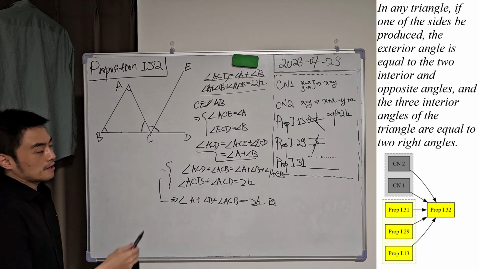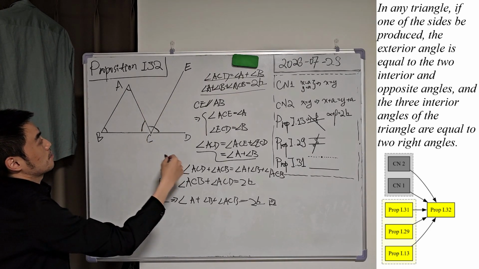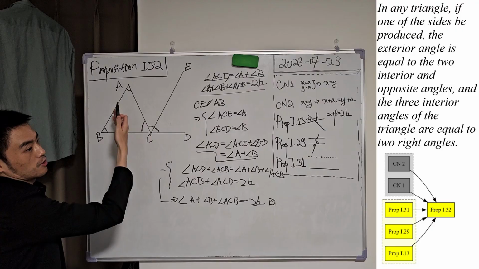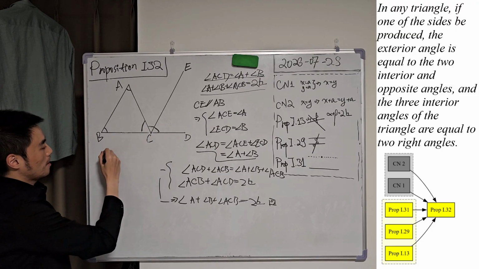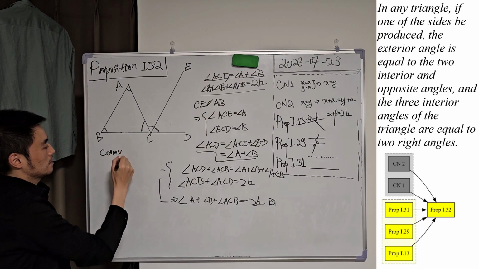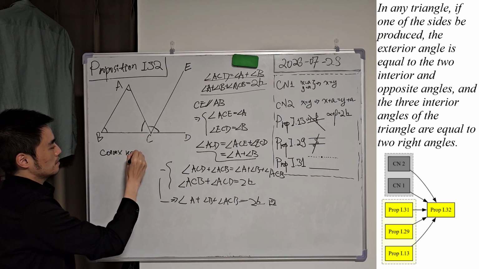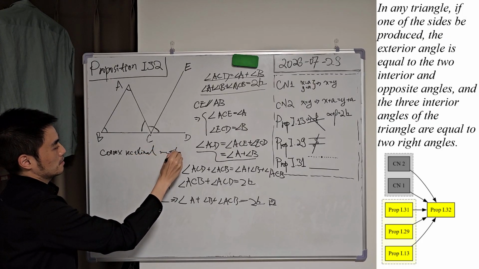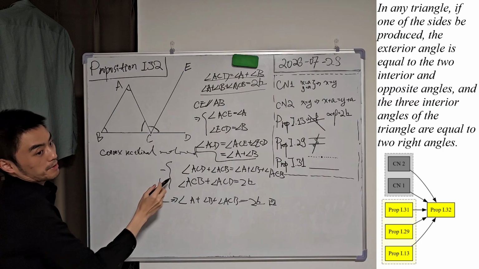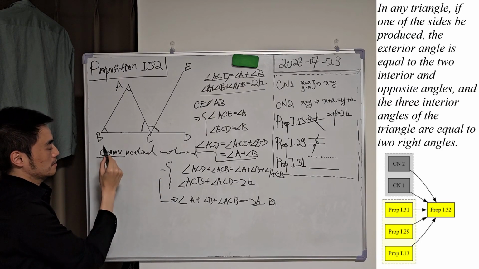And we are actually able to extend proposition 32 from a triangle to a convex rectilinear multilateral. Remember, it must be convex. This is important.